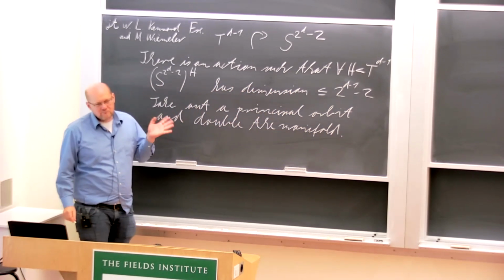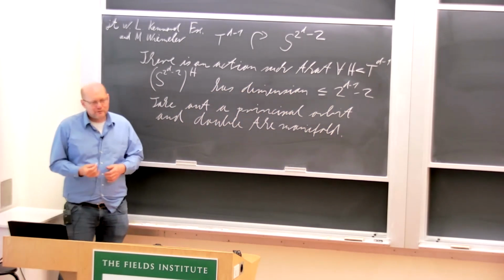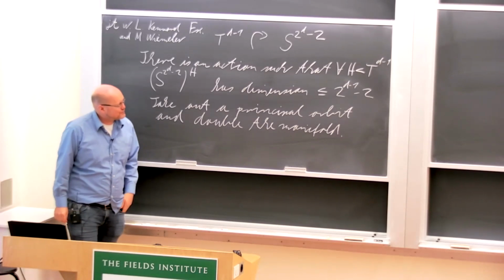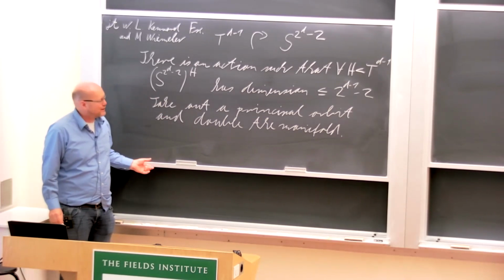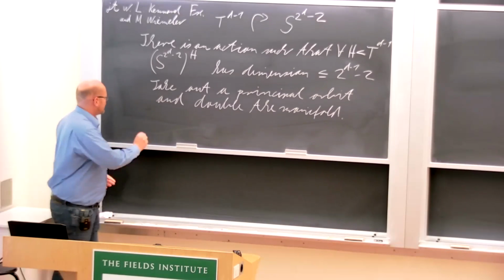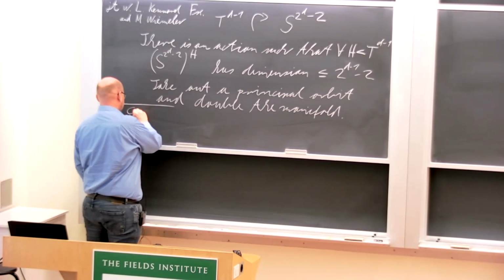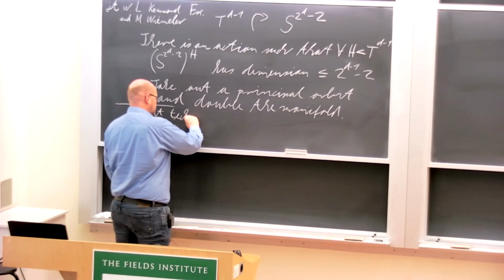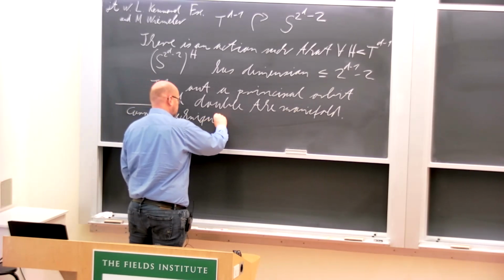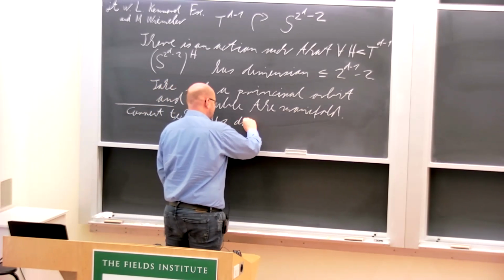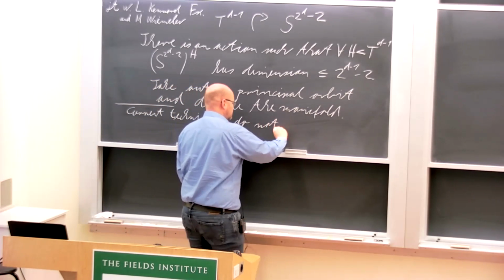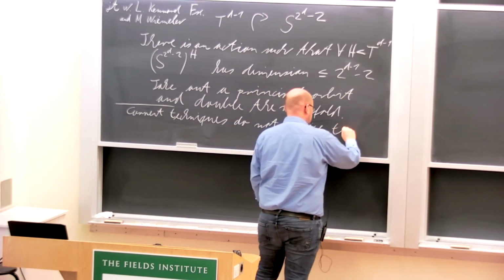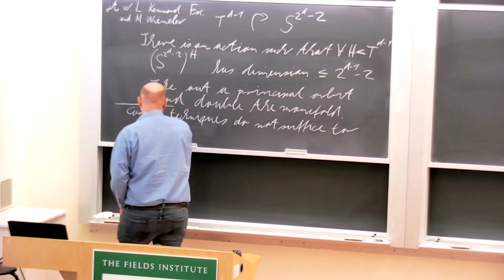Right, so then there's no way of ruling out that such an example has positive curvature with current techniques, right? So current techniques do not suffice to rule this example out.